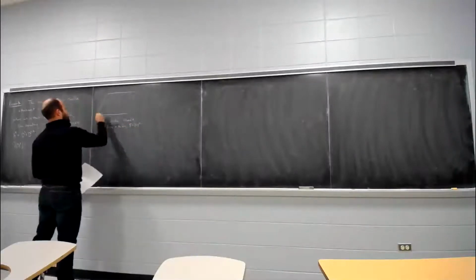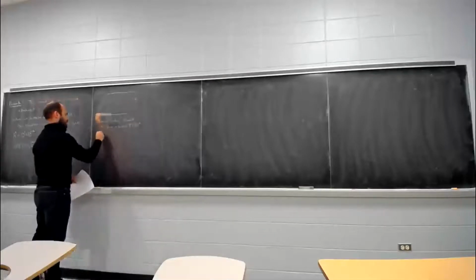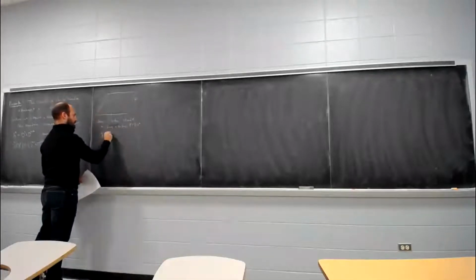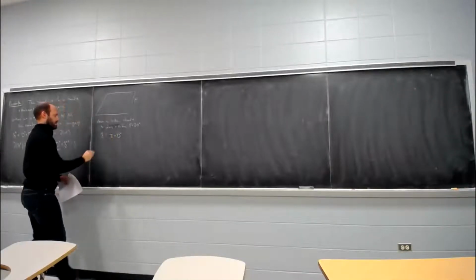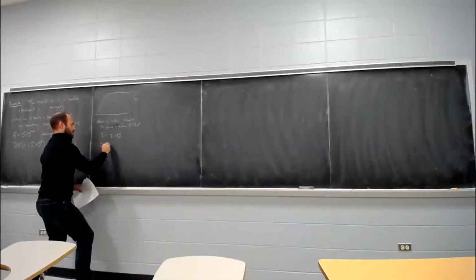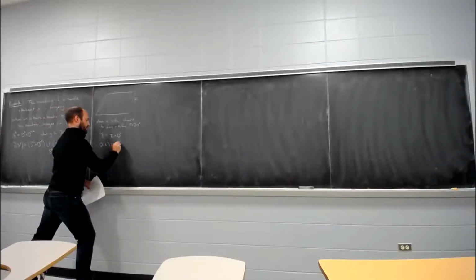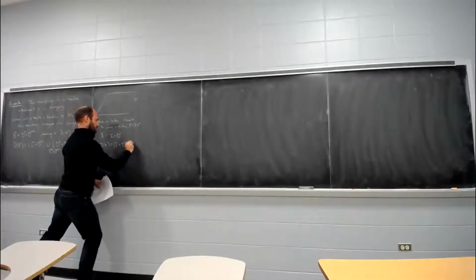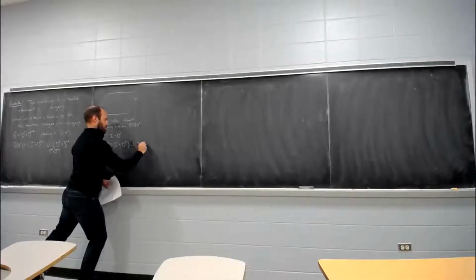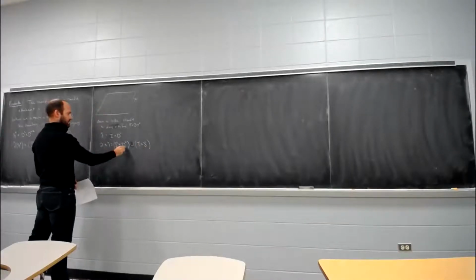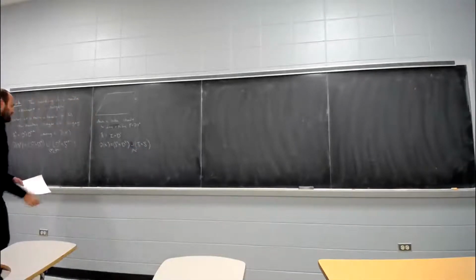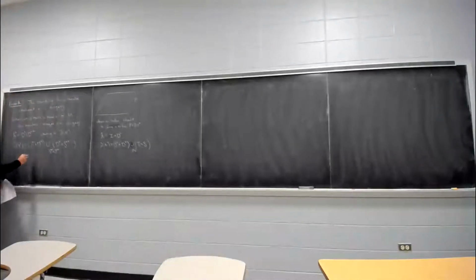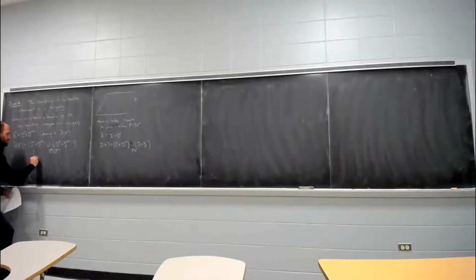So this is F, and the one-handle, H sub 1, is the interval cross the two-disk, and so the boundary of H1 is S^0 cross D^2 union I cross S^1. So this is two disks, and this is an annulus. And if you remember from our notation, from what I said last time, this is the attaching region.